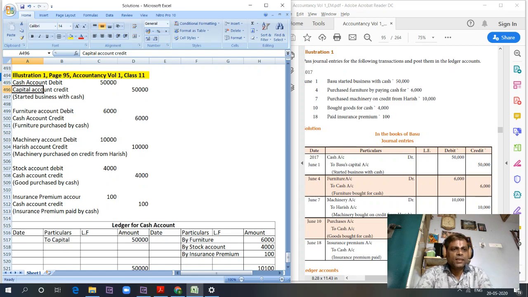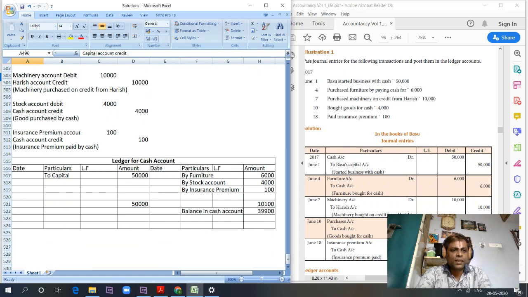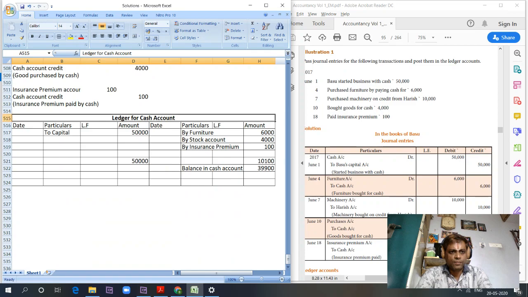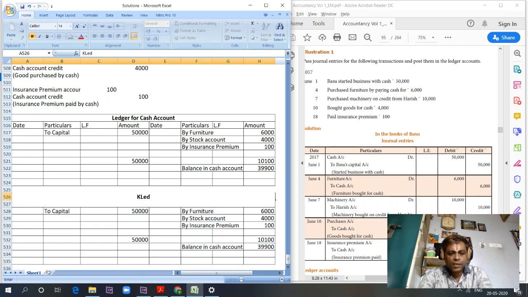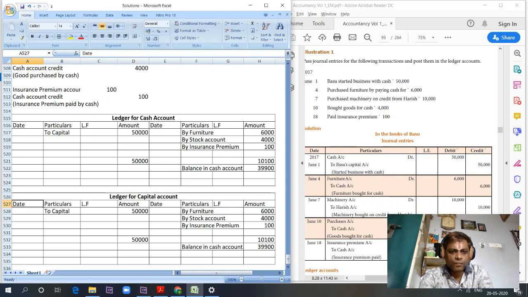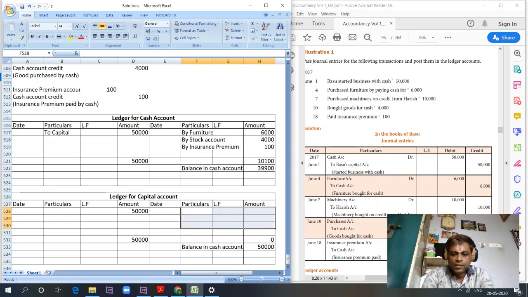Okay, let's continue with the next ledger account. Next ledger we are seeing is the capital account. Right? I'm putting the same format here. Ledger for capital account. I'm just erasing the details here. What is the transaction that we have seen in capital account?